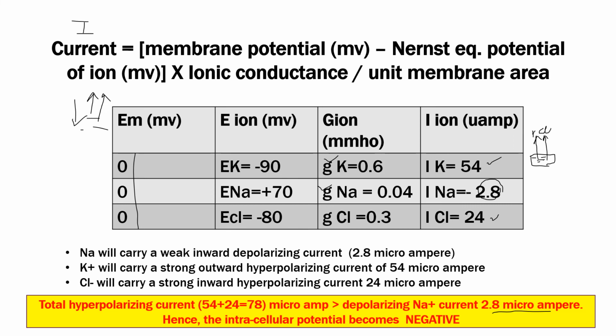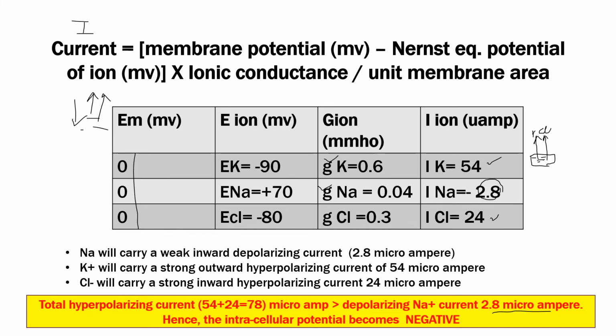So the potassium current and the chloride current are both hyperpolarizing, and their strength is 54 plus 24, around 78 microamperes. The total hyperpolarizing current is 78, whereas only about 2.8 microamperes of sodium current is trying to make the intracellular side positive.